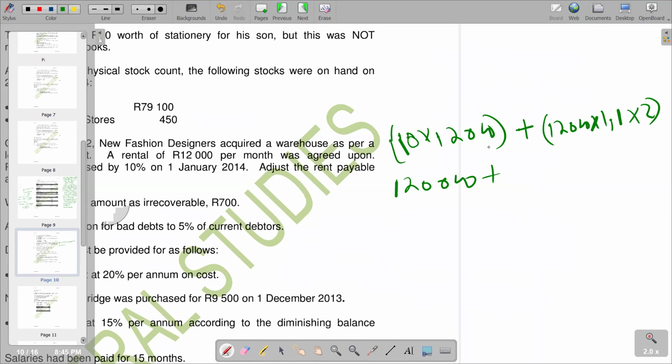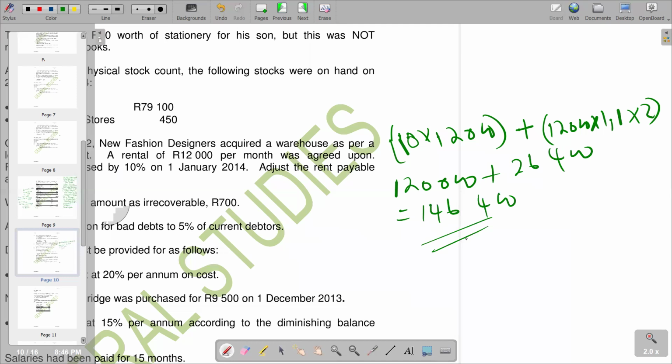You get 26,400. So you add the 26,400 plus 120,000. You get 146,400. So this is what we have.